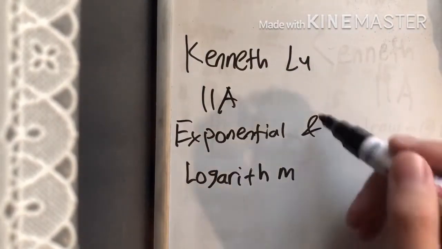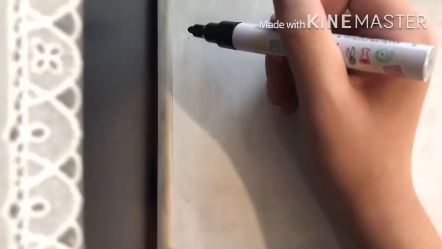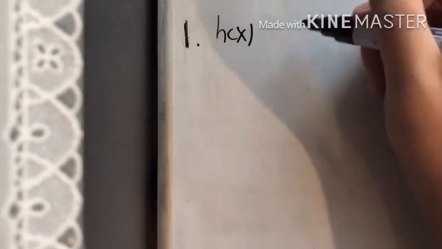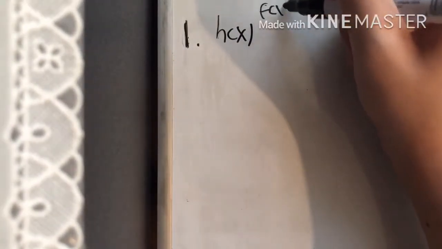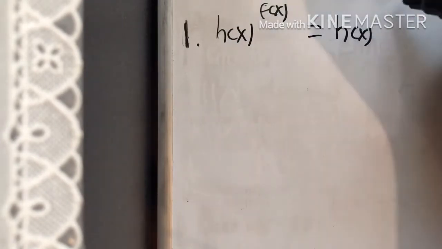We're going to discuss exponential only. So I'm going to discuss two equations today. The first equation is h(x) to the power of f(x) equals h(x) to the power of g(x).